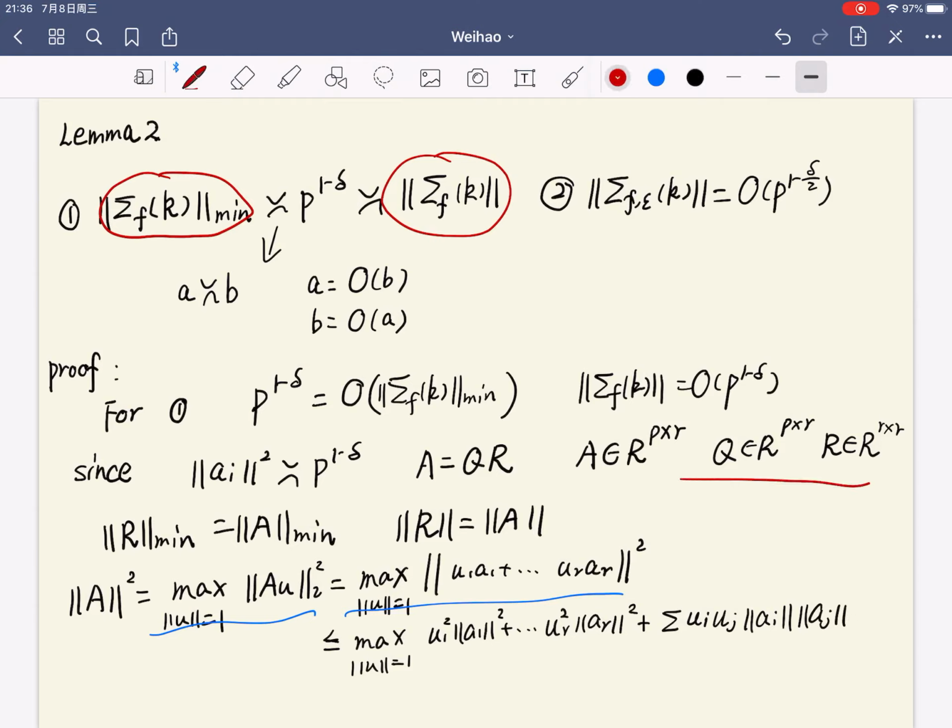And furthermore, we apply the inequality 2ab less than or equal to a squared plus b squared.